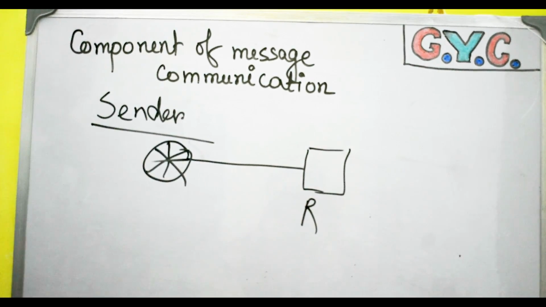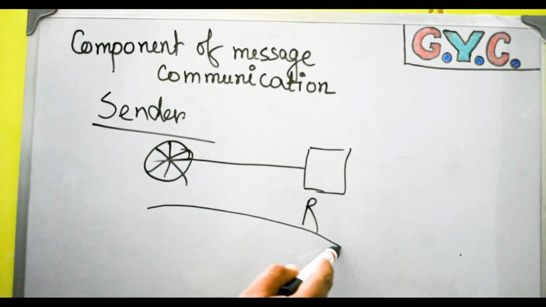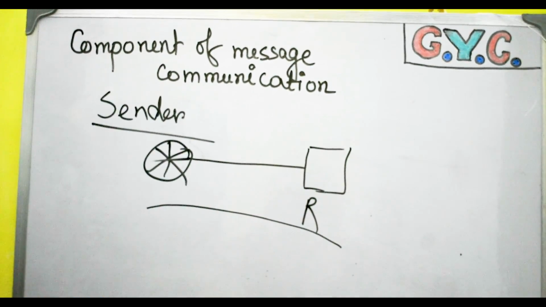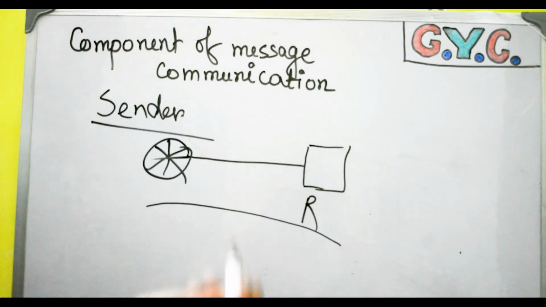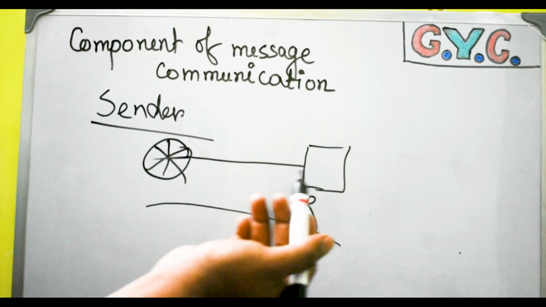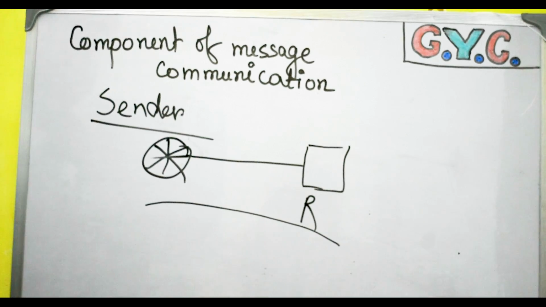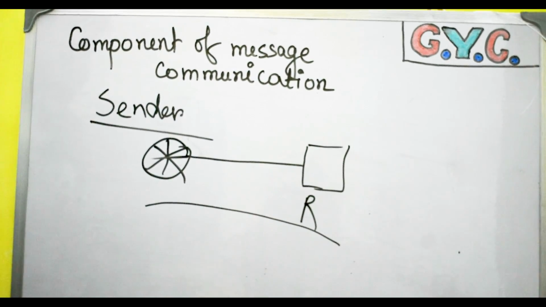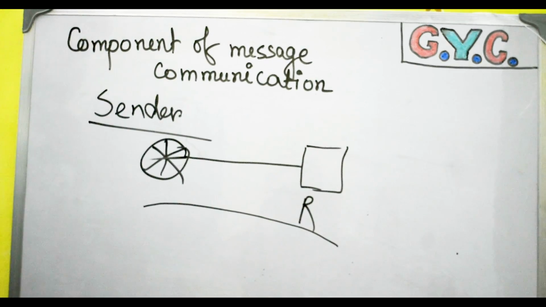As we know, data communication means sharing some information, some message, some data between the sender and the receiver. So if there is no sender, then what should the receiver receive? He will receive nothing. So the next thing that we need as a component of message communication is sender.